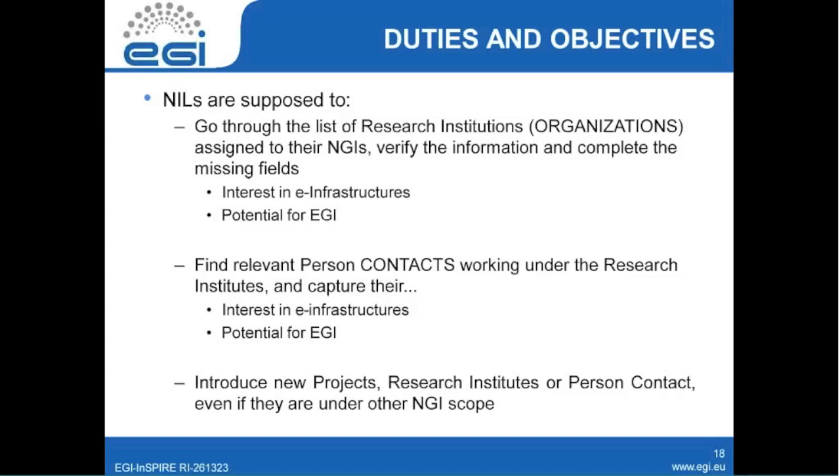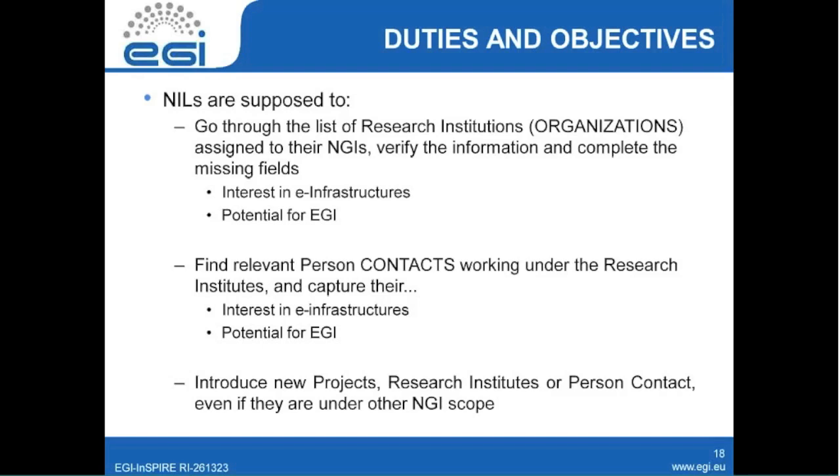The second step is to find key persons, contacts, working under these institutes, and capture the same kind of needs: what could be the interest in the infrastructure of these persons, and what could be the potential of these persons for EGI.